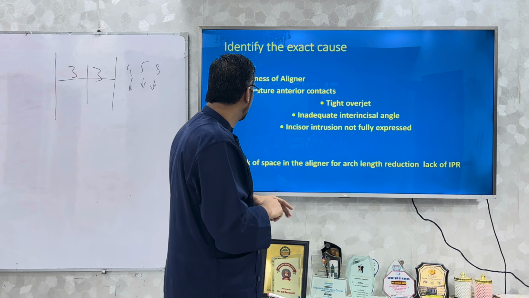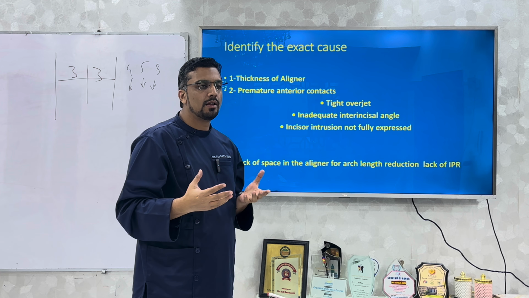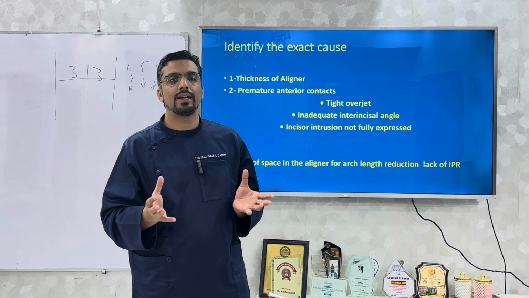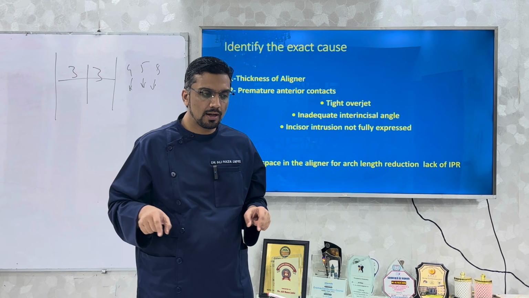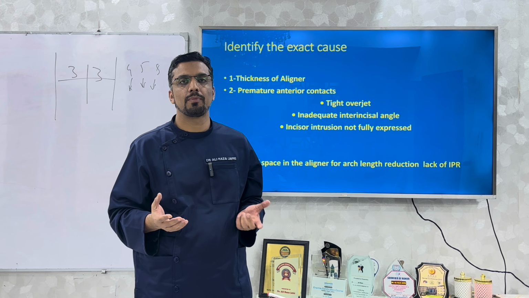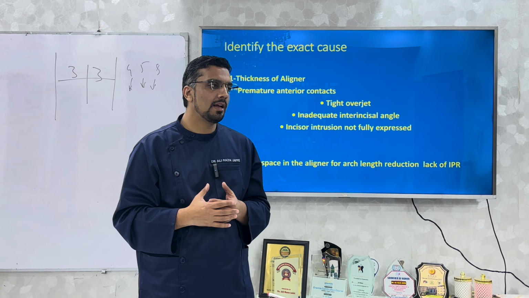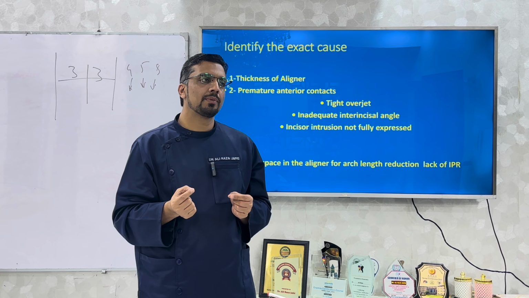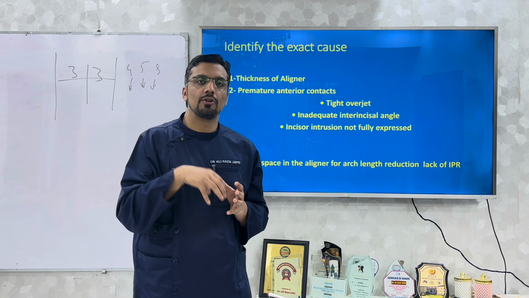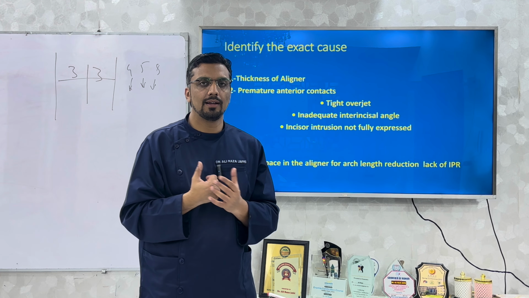Another cause is the lack of space in the aligner. You know, the teeth, when they do not get any space to move, because the tooth is encircled on all aspects closely, labially, lingually, by the aligner. So if you do not perform the proper IPR, the only possibility is the intrusion tooth movement that is allowed in the aligners.